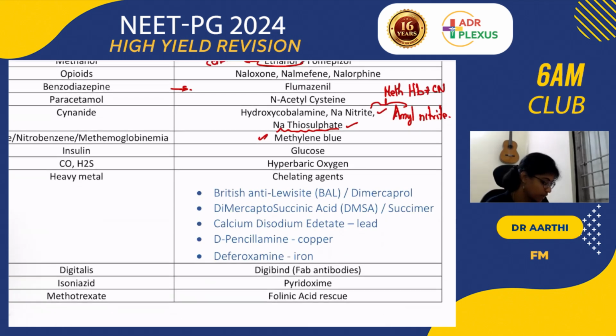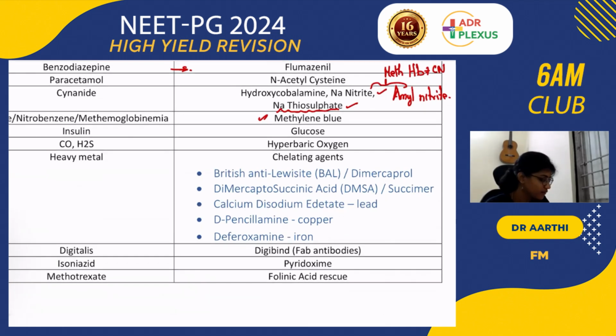Heavy metals have been asked before. BAL, British anti-lewisite, can be used for mainly remembering MALT. We studied a bigger one, MALT BCG, but at least remember MALT in it. Mercury, arsenic and antimony, lead.